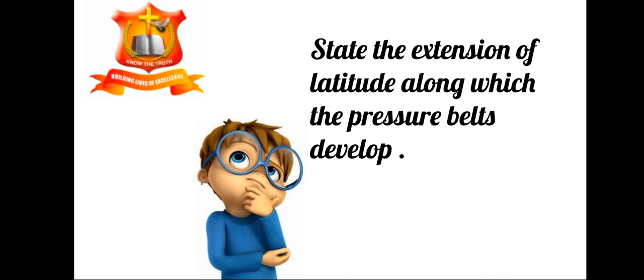The subtropical high pressure belts extend between 30° to 35° north and south of the equator. The subpolar low pressure belts extend between 60° to 65° north and south of the equator.